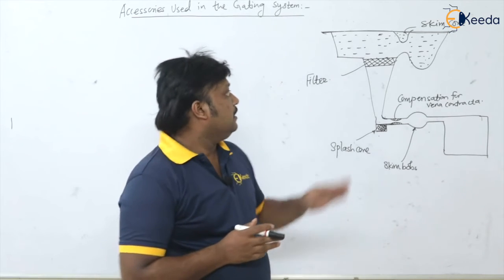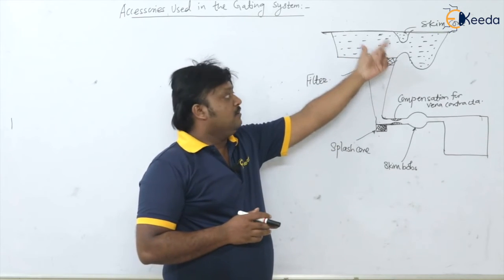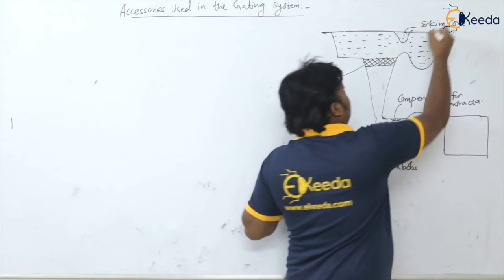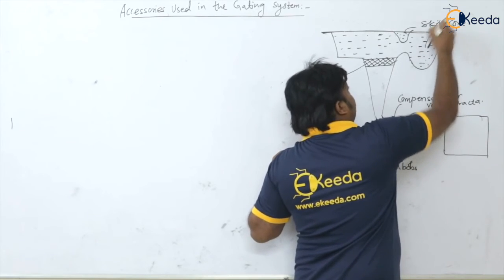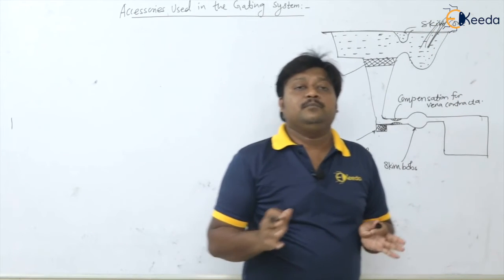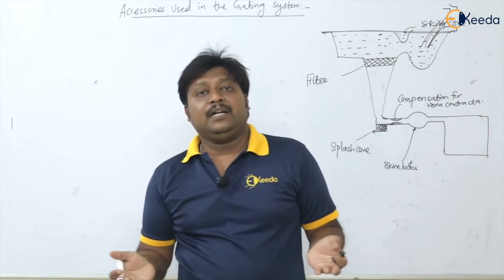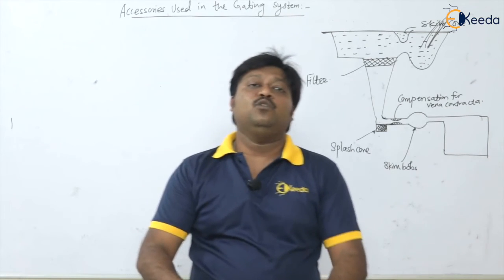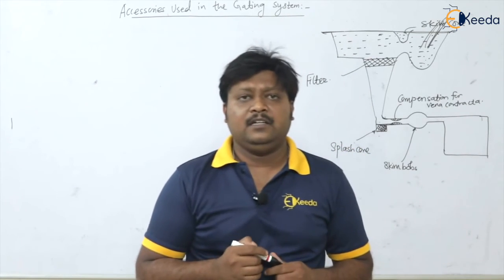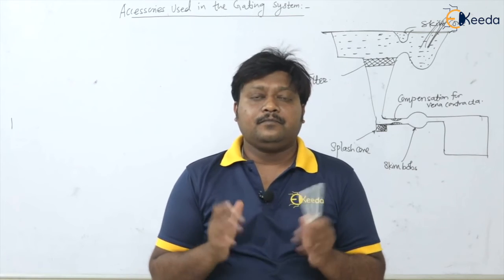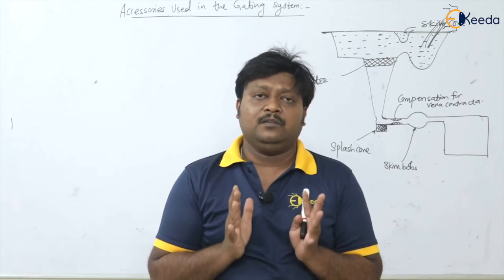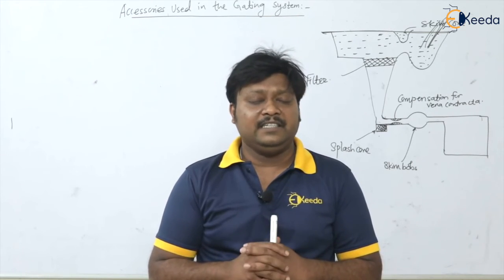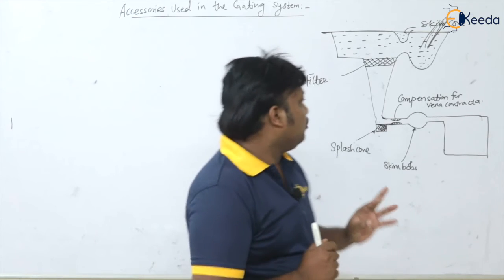Now see here, this is a basin in which the molten metal first comes. Okay, and definitely because of that basin, the direct impact of this molten metal jet into the mold cavity is avoided, so that we will get the pure material into the mold cavity. This is the basin actually.